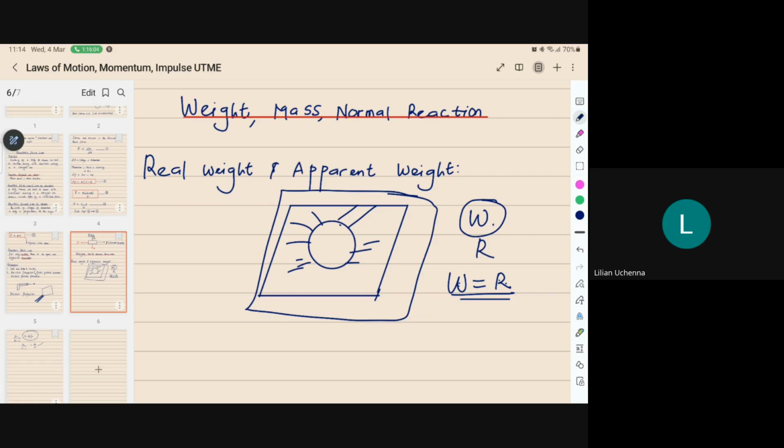When you move your body, you've altered the measurement. And what will happen is that your W will no longer be equal to your R. There will be a change. Because do you know what that scale is measuring now? What that scale is measuring is not your W. That's your own weight, your real weight. What that object is measuring is what we call your R. That's your reaction force, which is your apparent weight. Which means it is measuring the force.